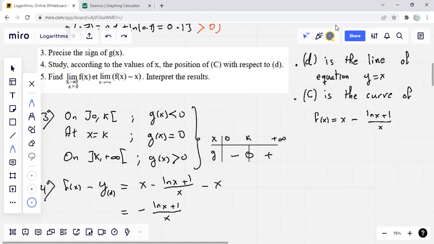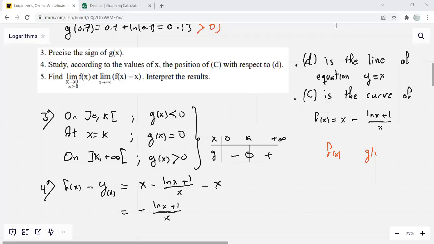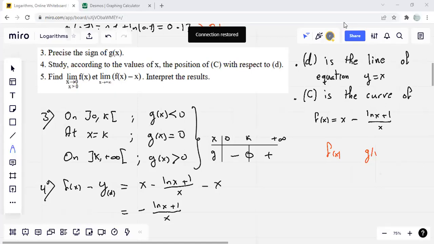So to find the relative position of two curves, let's say we have the function f of x and the function g of x.